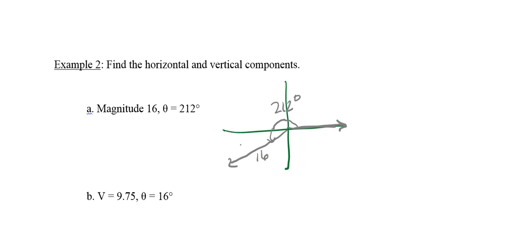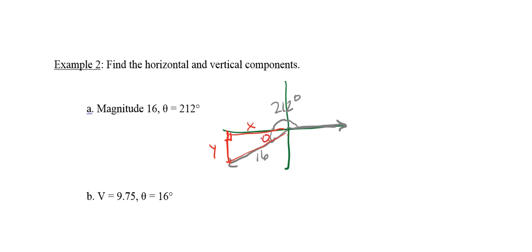Now if I want to find its horizontal and vertical components, I'm going to create, remember last chapter we had a reference angle, so I'm going to create a triangle to the x-axis, and I'm going to work within this triangle right here. And I'm going to find the components. I'm going to find x and y, which we just did in the last chapter by finding the sides of the right triangle.